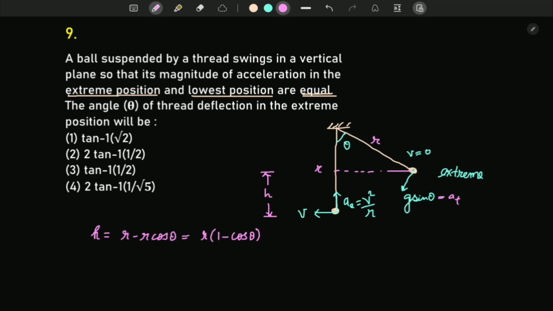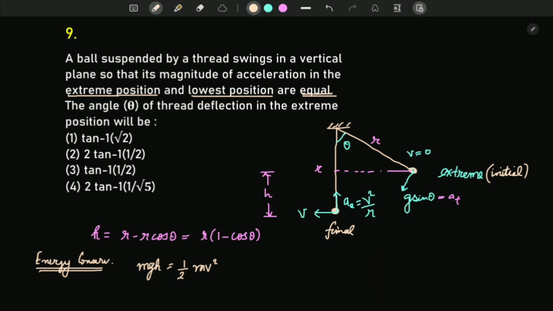Now in order to calculate the velocity v, I will use energy conservation. Let this be the initial position, the extreme position, and then finally it falls to this lowest position. Now I will use energy conservation between these two positions. So loss in PE will be gain in kinetic energy. So mgh equals half mv square.